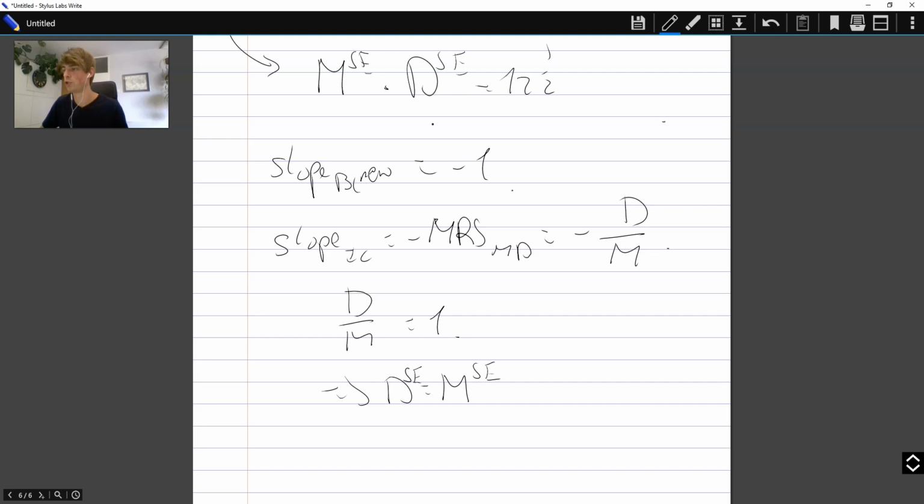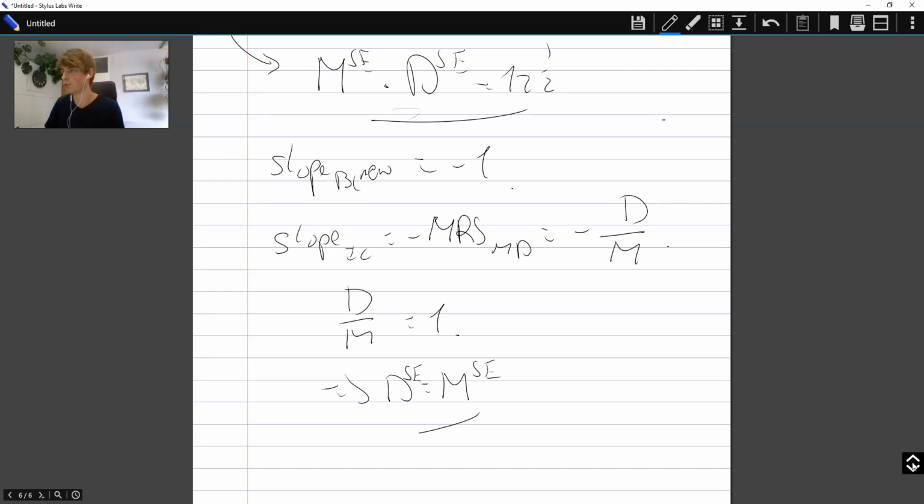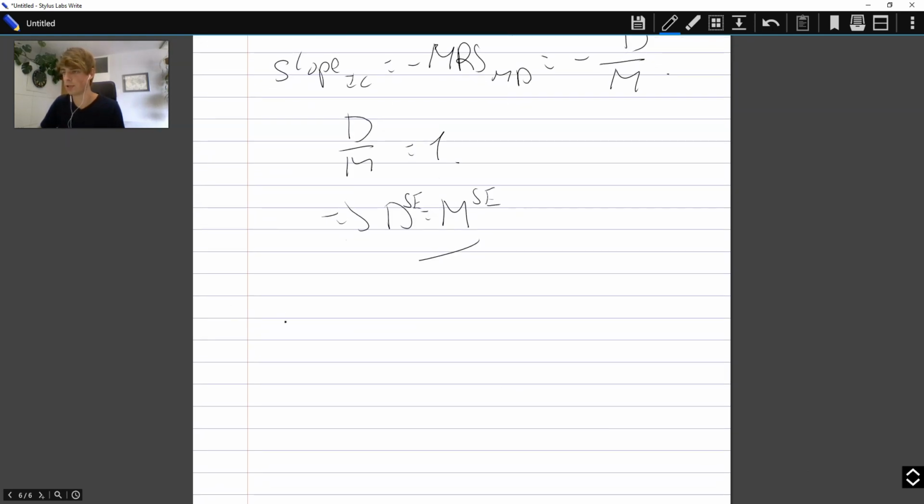So now we have two equations and two unknowns, namely this equation and this one. So we can combine those to find MSE times MSE equals 12.5.